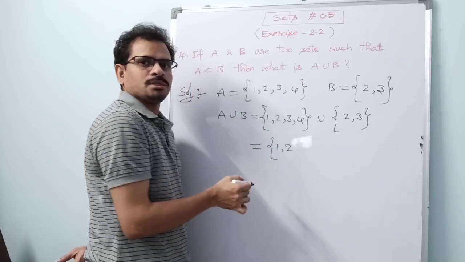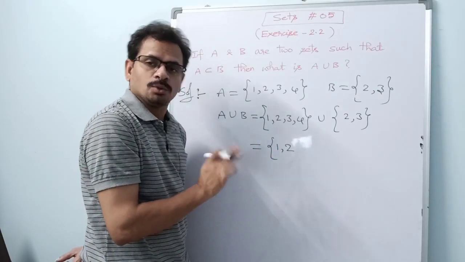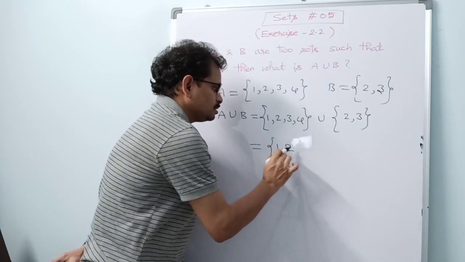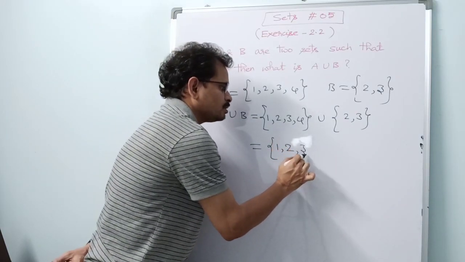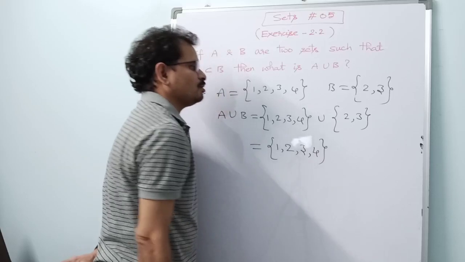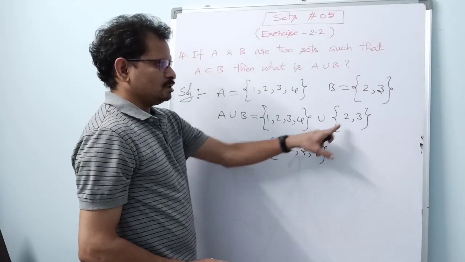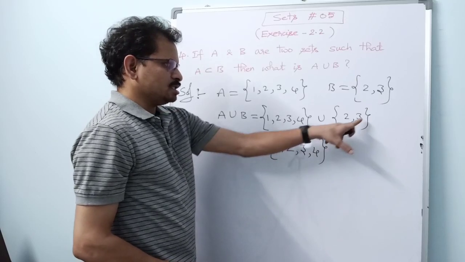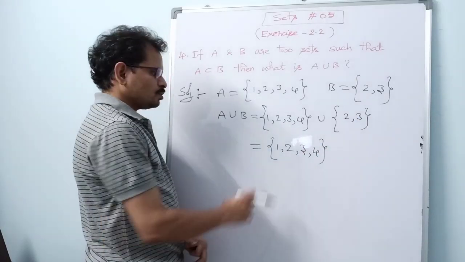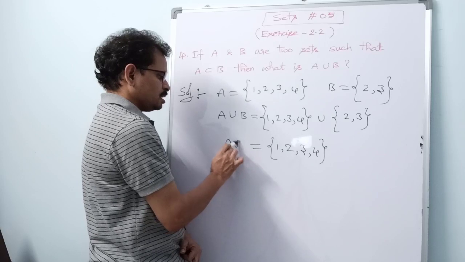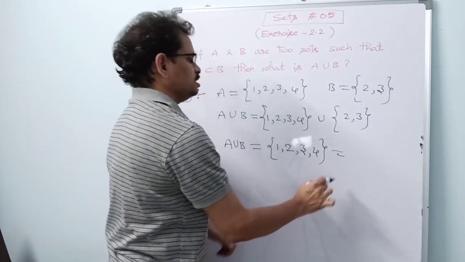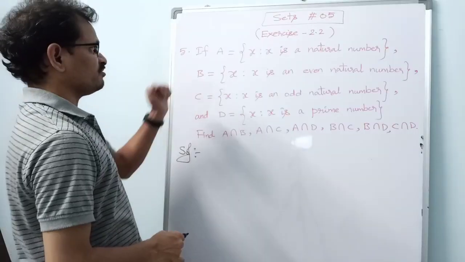No need to write 2 times. No repetition. No chance for repetition. 2, 3 is there. Write down. 4 is there. Write down. Now check. All the elements are there. 1, 2, 3, 4. This 2, yes it is here. This 3, yes it is here. Right? So what is A union B? This is A union B. This is equal to how much? This is again A.